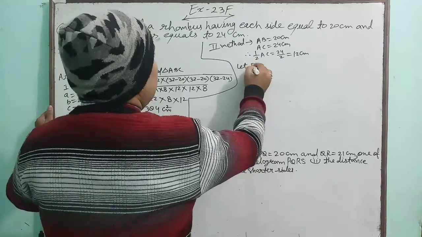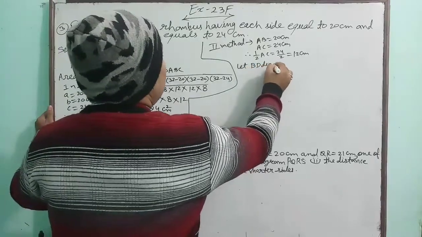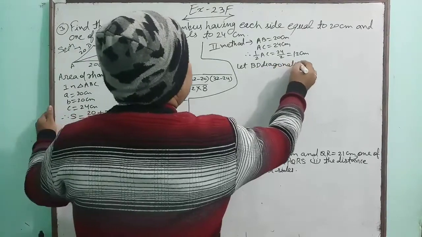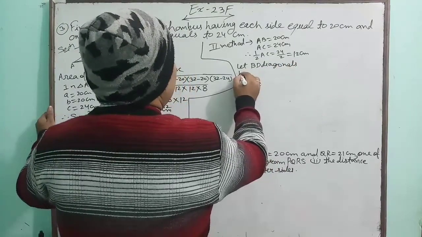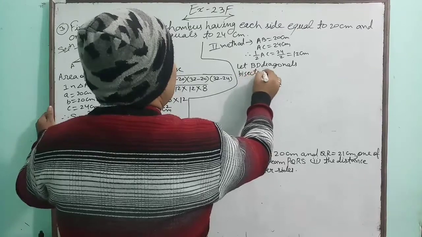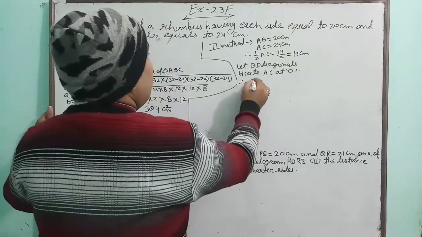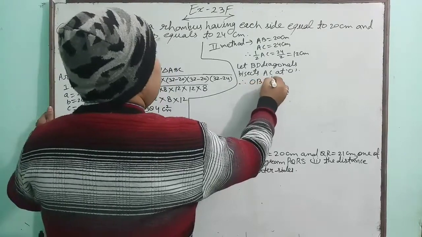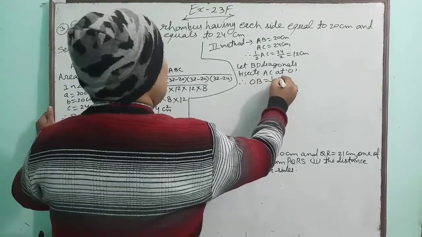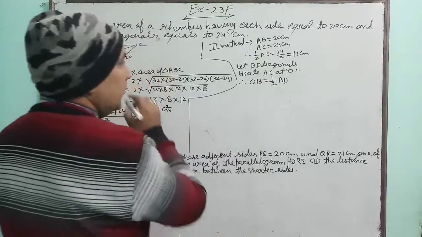Let BD diagonal bisects AC at O. Therefore, OB will be 1 by 2 of BD.